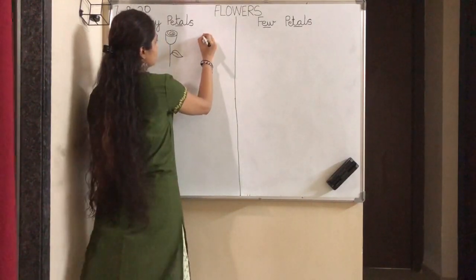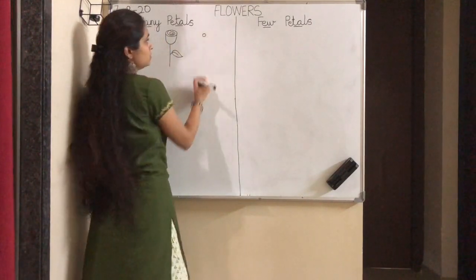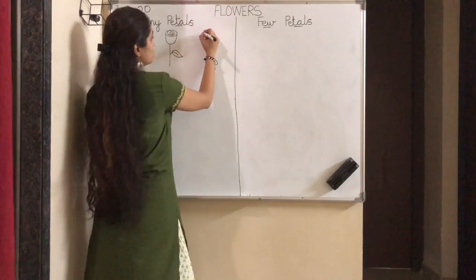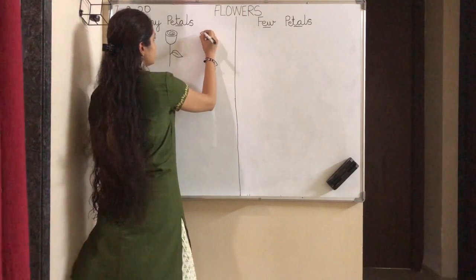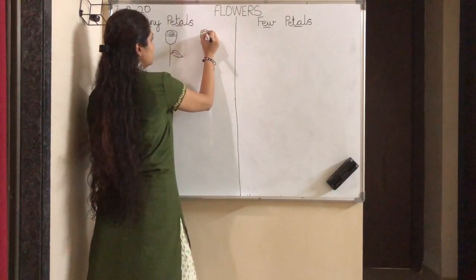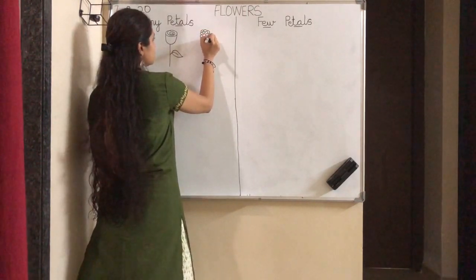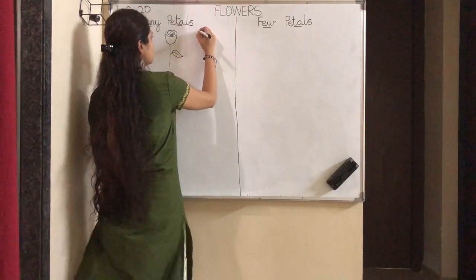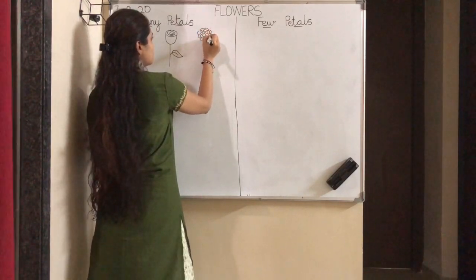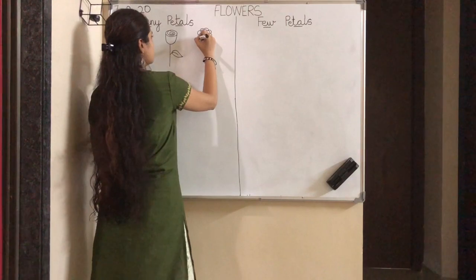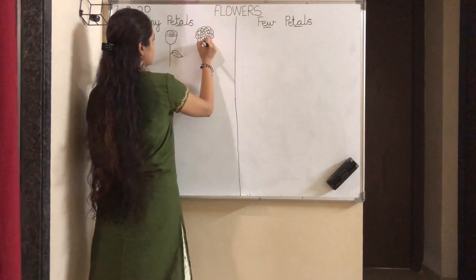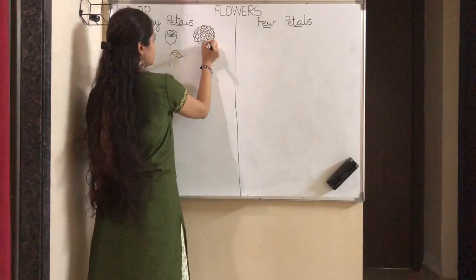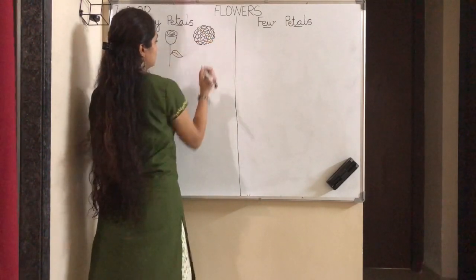Next, let's draw the marigold. Come on. Draw a small circle and draw the jump pattern. Jump. Keep jumping. Okay.